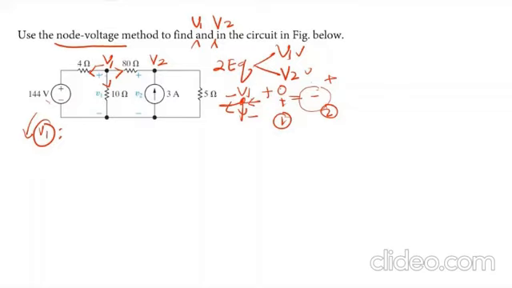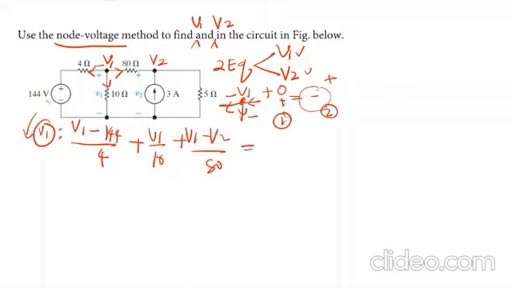First start with V1 minus 144 over 4, plus V1 over 10, plus V1 minus V2 over 80, equal to 0. Okay, so we have one equation.